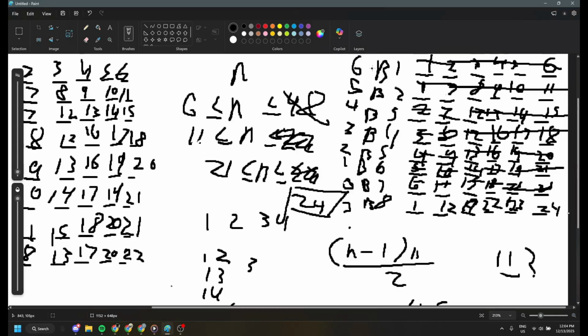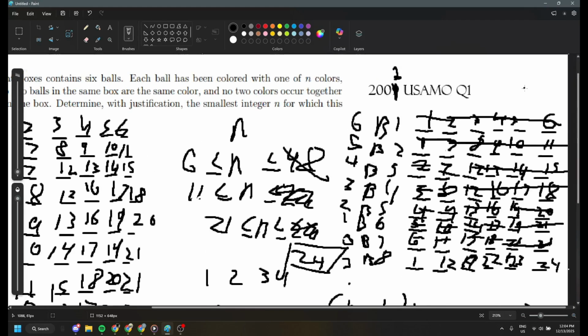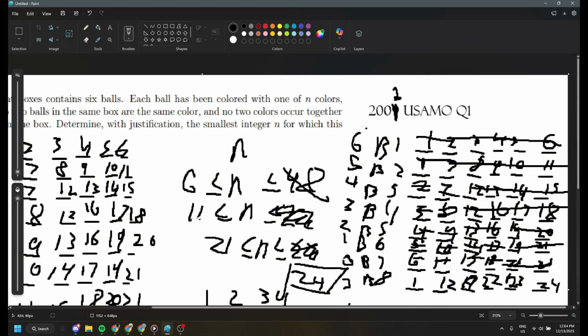If we look here, I explained this before, but we're going to need 6 different numbers because every number can only appear once in each box. No two balls in the same box are the same color. So we choose six numbers here, and then we have to choose 5 new numbers here because we choose an arbitrary one here.